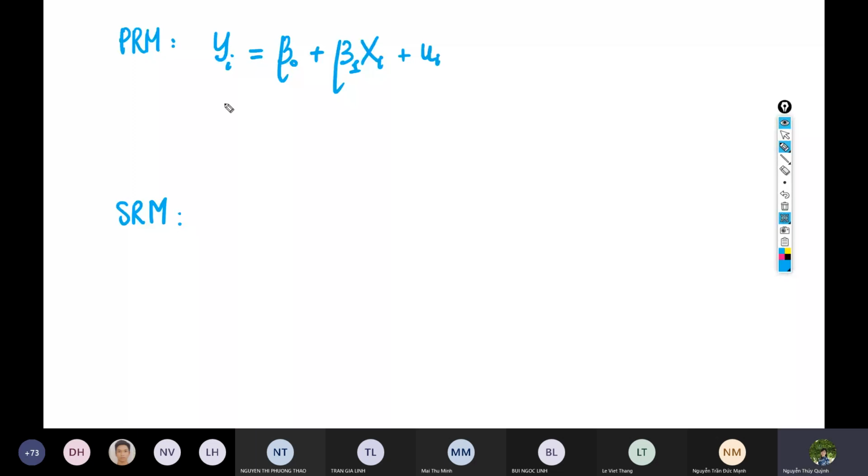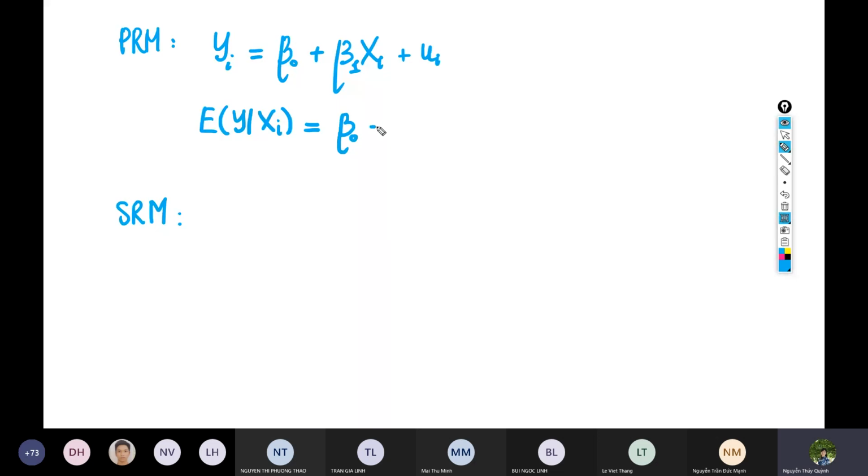In the left side of the equation, what is it? It's the conditional expected value of y, where the condition is xi, given the value of x.